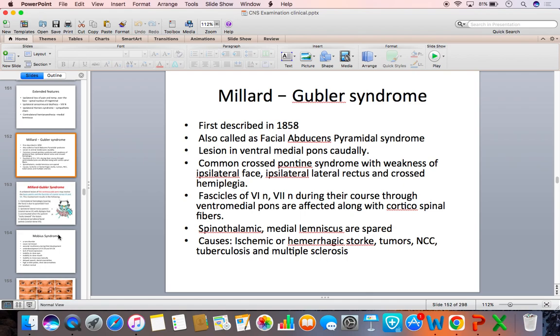Then coming to the Millard-Gubler syndrome. This is very simple. This is nothing but ventral pontine syndrome. In this, it involves the facial nerve, the seventh cranial nerve.